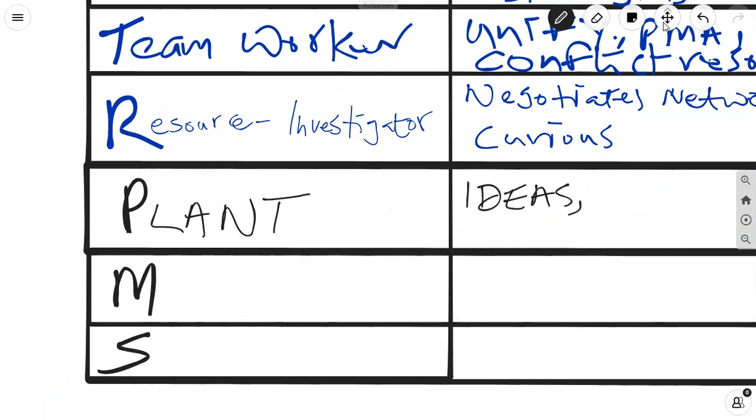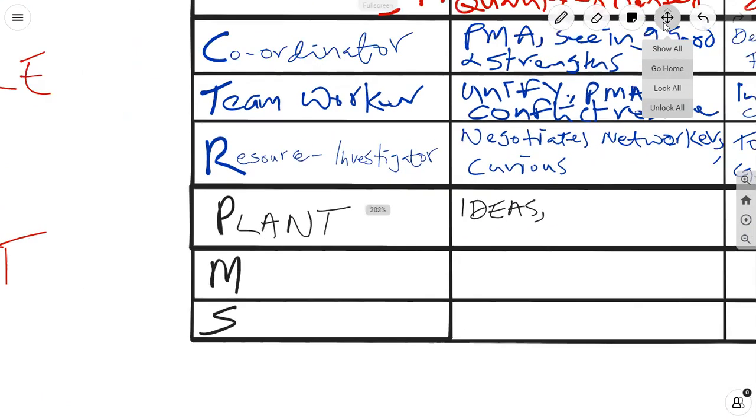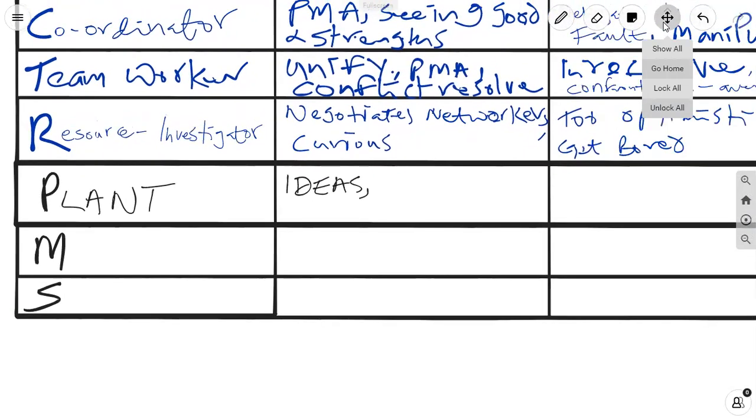And of course, when you think about ideas, you think about innovation as well. And I hope you see the overlap here, because I talked about Steve Jobs as a shaper, and then I'm talking about Steve Jobs as a plant in the same token, an ideas person, and he played so many roles.